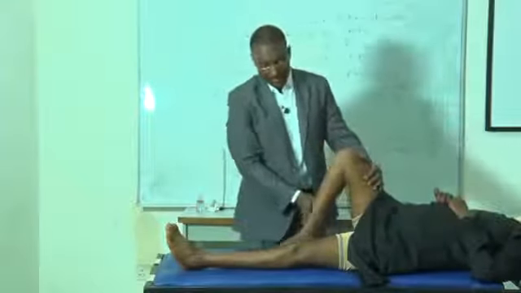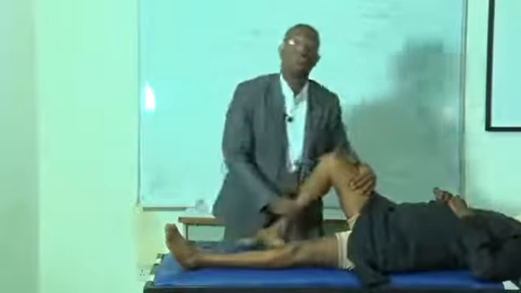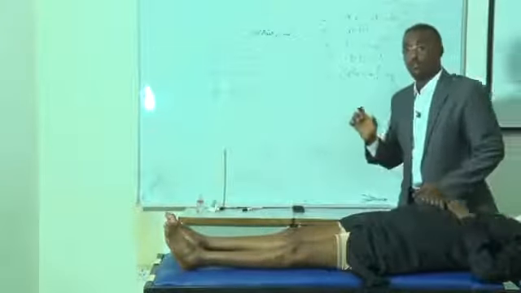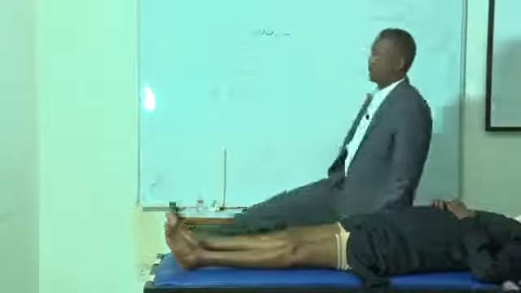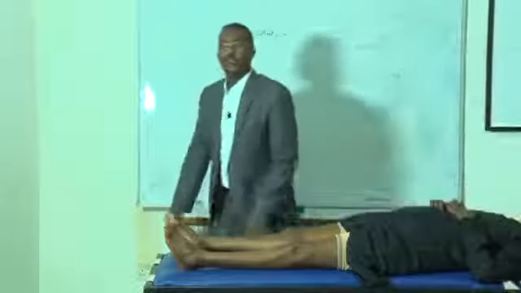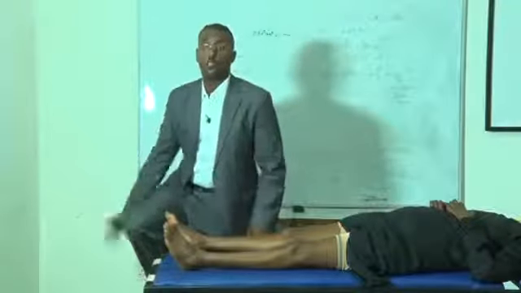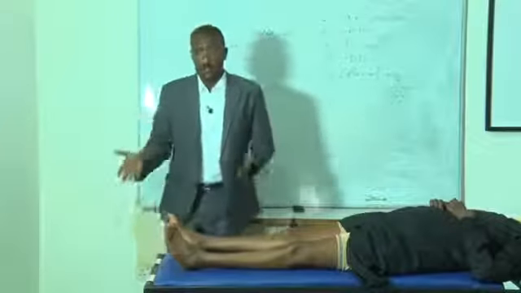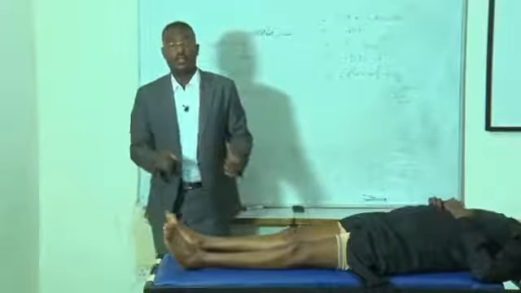You will come here also and test the extensor. Out, very weak; in, stronger. Any patient with a lower motor neuron lesion cannot extend his legs. I mean that extensors are weaker than the flexors.